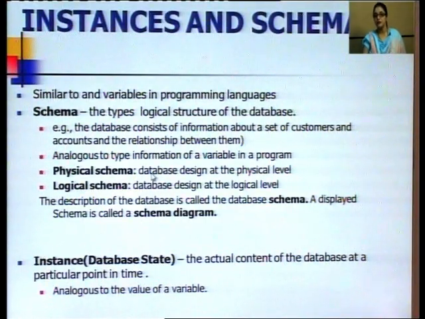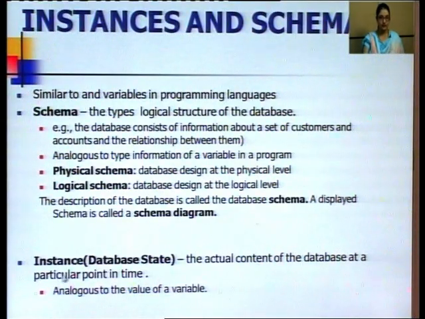The physical schema are those schema in which the database is designed at the physical level. Logical schemas are those schemas in which the design of the databases is done at the logical level. So the description of database is called the database schema, and a displayed schema is called a schema diagram.